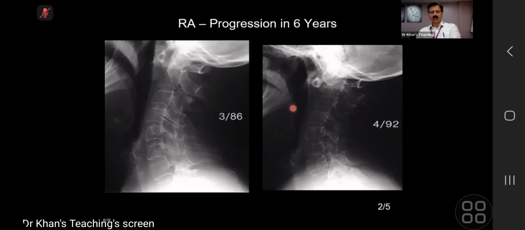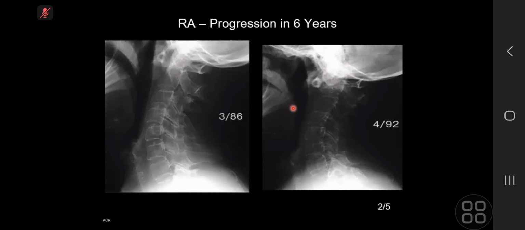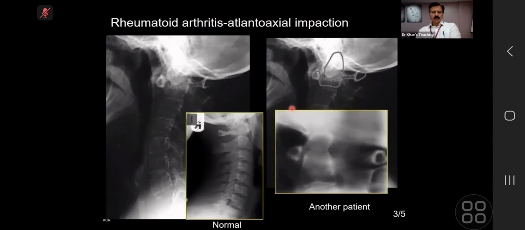Why has it gone in? And the patient is a known case of RA. Possibly the laxity of ligaments and then the weight of the head led to the downward migration of the head over the spine, and possibly some osteopenia, and maybe some osteolysis also of the dens. Okay.